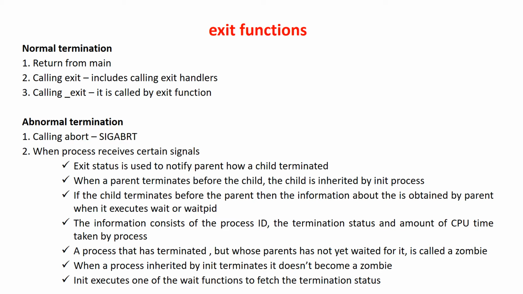The first one, normal termination, returns from main. Usually the program starts from main, then returns to main. It is one type of normal termination after completion of execution of the main method.